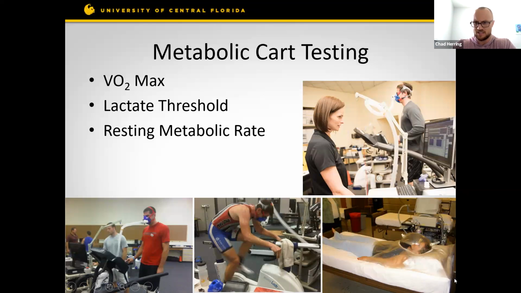I was also involved with a study where we did RMR, resting metabolic rate. And again, in assessments class, you should have the opportunity to do RMR. This one, I don't know if you need to do it because you basically just lay there and breathe, but it is a cool thing to at least see.